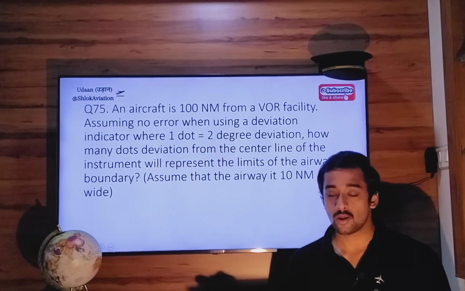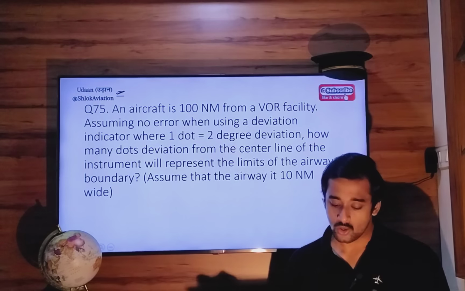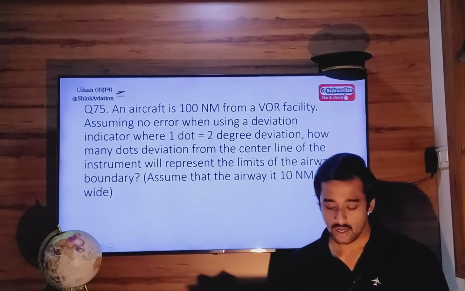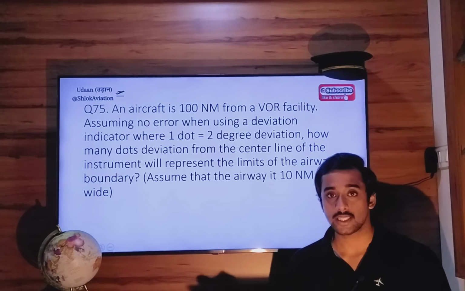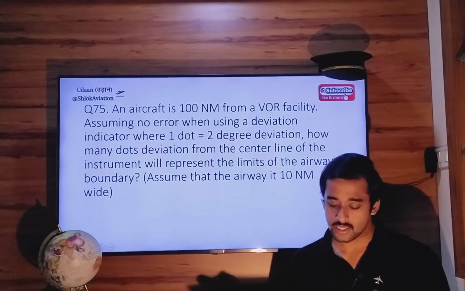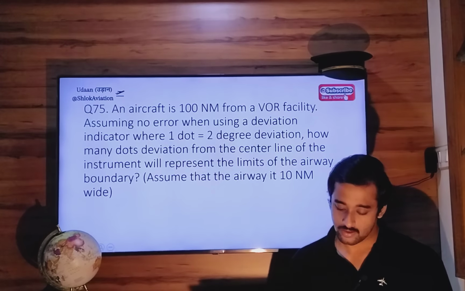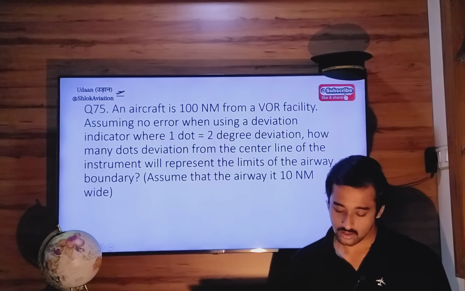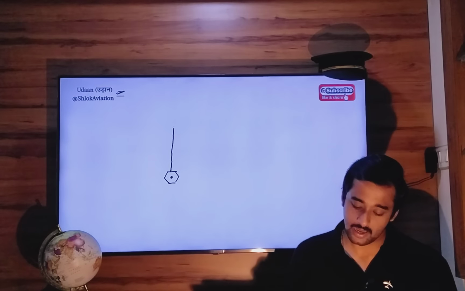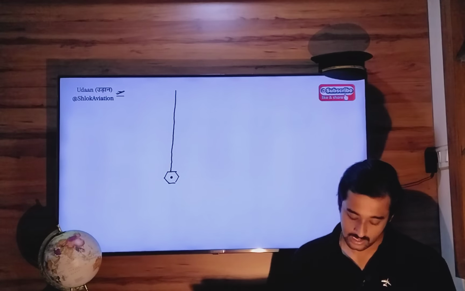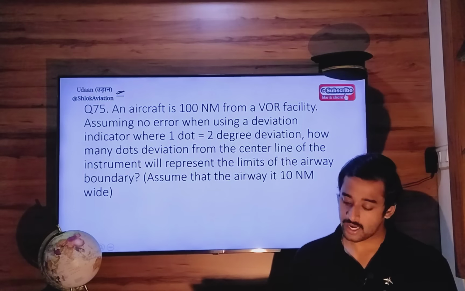Aircraft is 100 miles from a VOR facility. Assuming no error when using a deviation indicator, where 1 dot equals 2-degree deviation, how many dots deviation from the center line of the airway will represent the limits of the airway boundary? So, here is your VOR facility. This is the center line of that airway. This airway is 10 nautical miles wide.